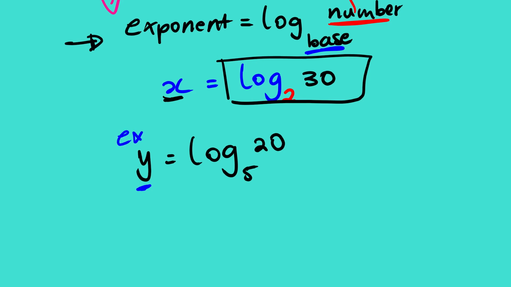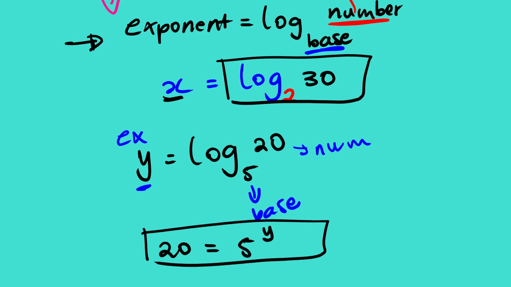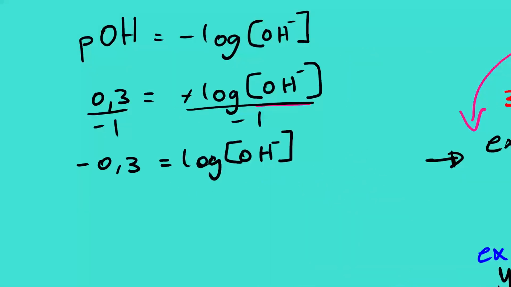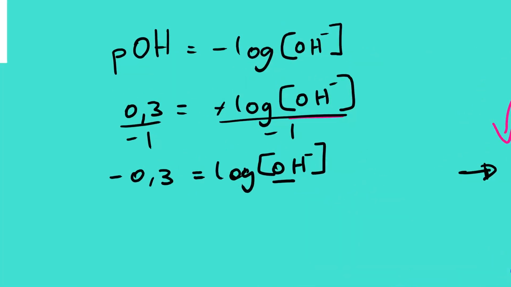This will be our exponent, this will be the base of the exponent, and this will be the number. So we start with the number, which will be 20, it's equal to the base 5 to the power y. So with this information, we can quickly solve this, because we can see that this is the exponent, and we know that if there's no number here, it's actually invisible. We know that there is 10, so this 10 is our base, then this will be our number.